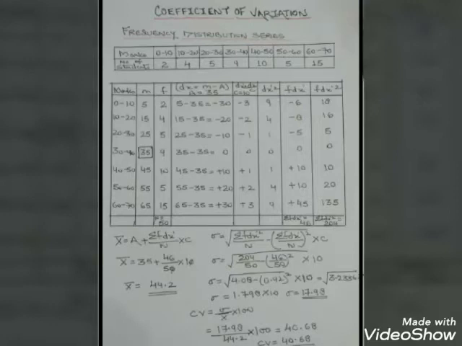Directly you can take out the mid value: for 0 to 10 the mid value is 5, 10 to 20 is 15, 20 to 30 is 25, then 30 to 40 is 35, 40 to 50 is 45, 50 to 60 is 55, and for 60 to 70 the mid value is 65.